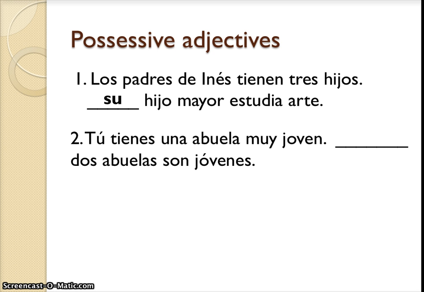So, for the possessive adjective, we know that it's going to be the tú form because it's referring to tú tienes, you have. Okay, but is it going to be singular or plural? If you said it's going to be plural, muy bien, because we're talking about 2 grandmas. So since abuelas is plural, our possessive adjective needs to be plural as well. So we're going with tus.